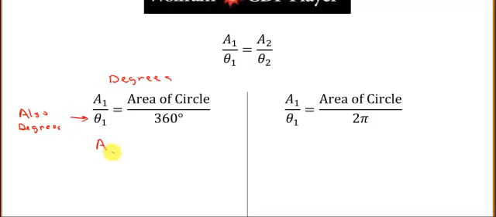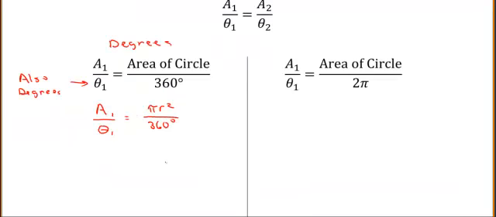All right, and if we looked at the area of that sector divided by the central angle, again measured in degrees, that would be equal to, well, the area of the circle is pi r squared, and the central angle would be 360 degrees.